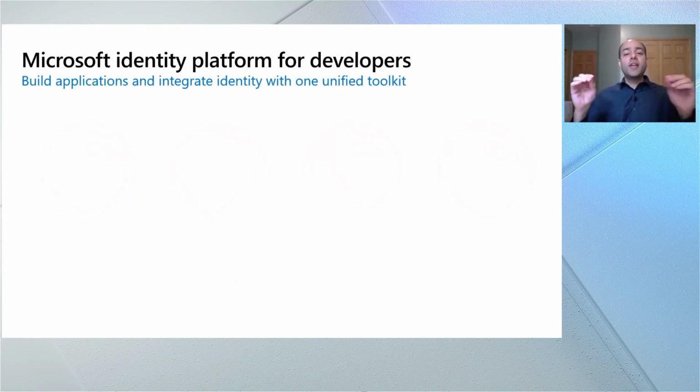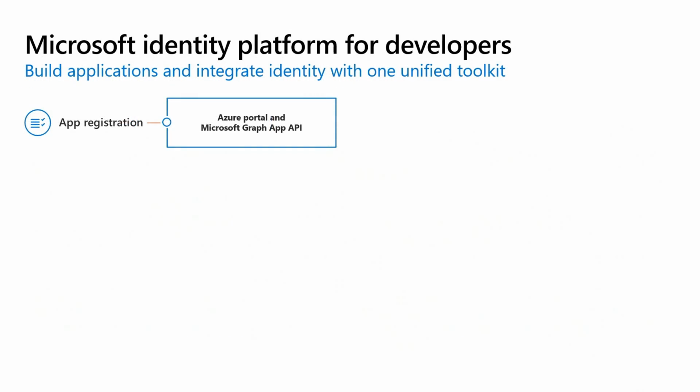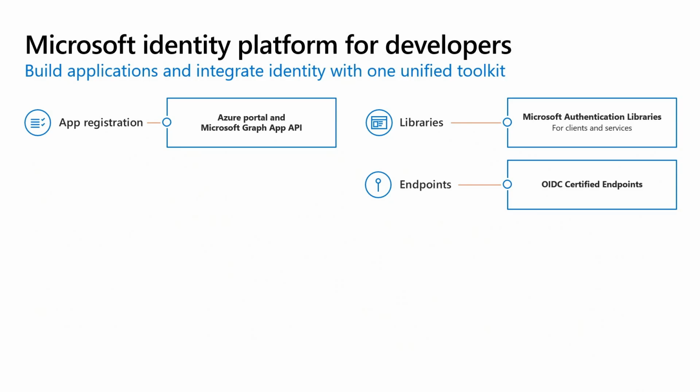Now let's see what you get as a developer. Last year at Build, we announced the unification of our identity platform for developers, which means one platform to sign in any identity. As a developer, you now have one portal to register all of your applications, one set of libraries and SDKs with the Microsoft Authentication libraries that give you the best experience for single sign-on and compatibility with policies set by IT.